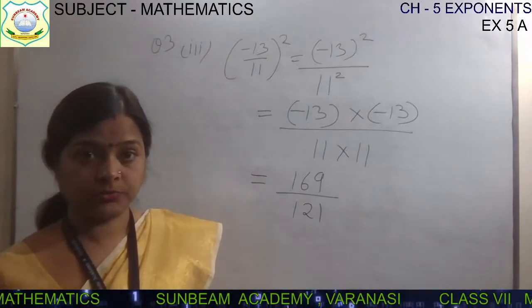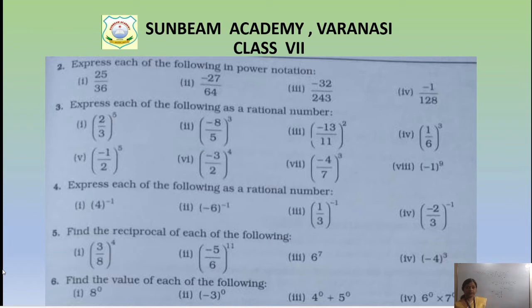See next question. Question number 3. Fifth part. Minus 1 by 2 to the power 5. Write down. Fifth part, children. Minus 1 by 2 to the power 5.